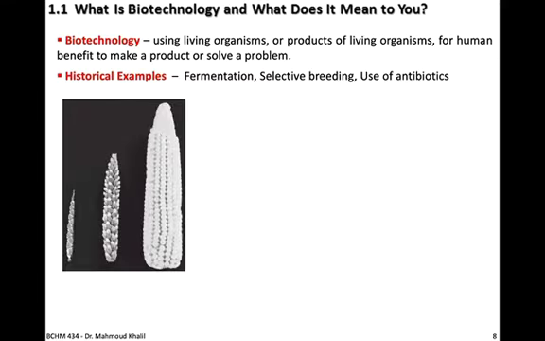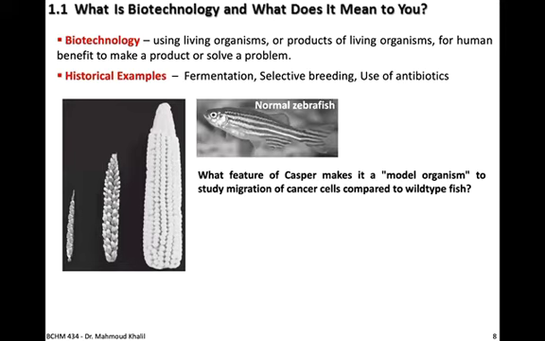You can see here how maize has been developed using biotechnology from these species that give very low-yield maize corn, to develop a very good species of maize that can be eaten or used in industry. And this, of course, is with the help of biotechnology.